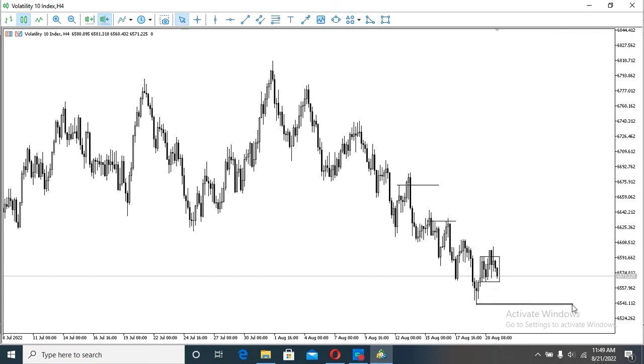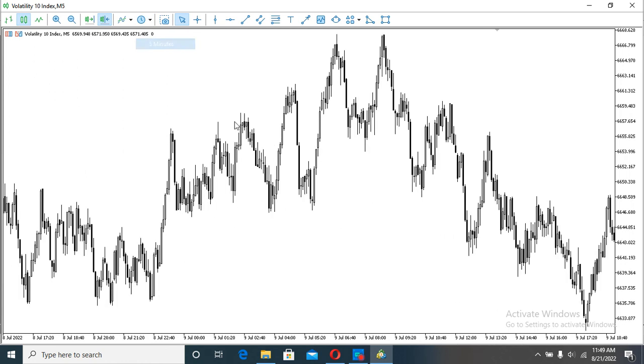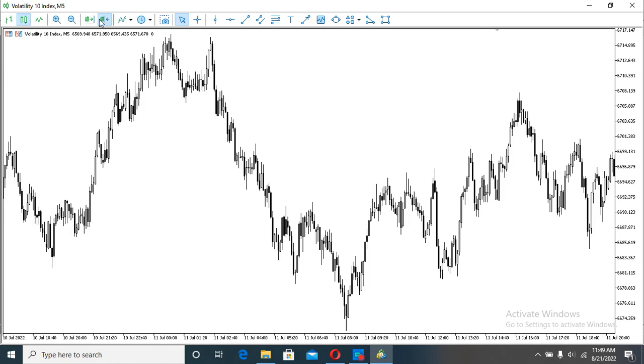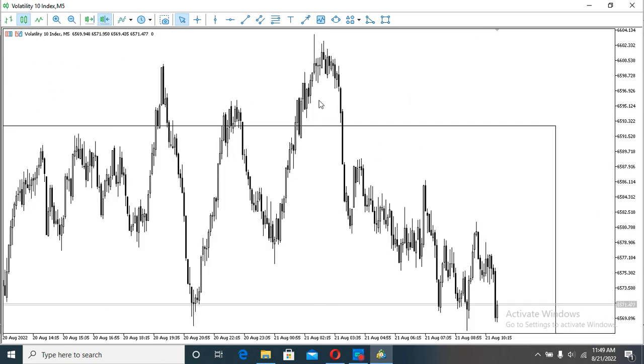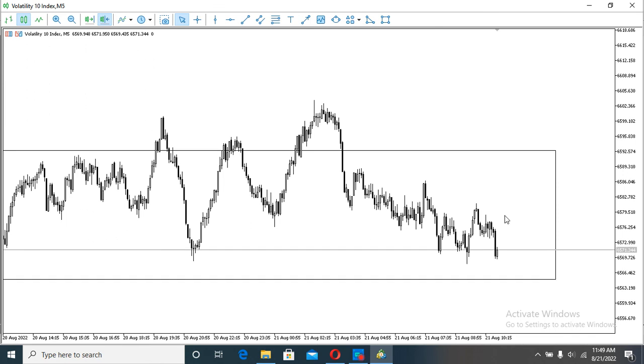So there's no need for you to trade right now. You're just waiting to see what happens and you wait for a confirmation. So 5 minutes. You can see the price consolidating.